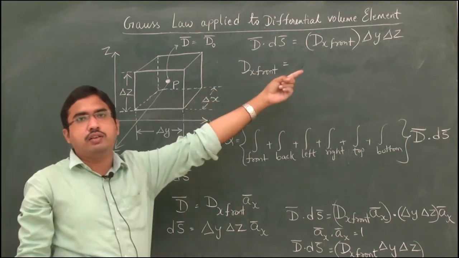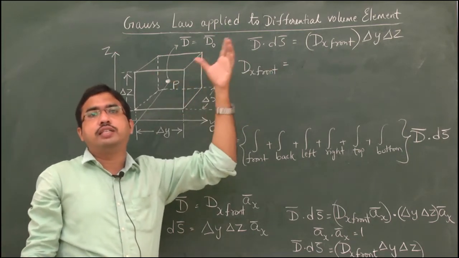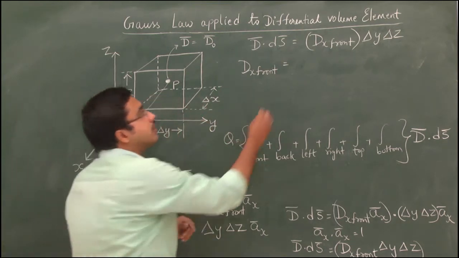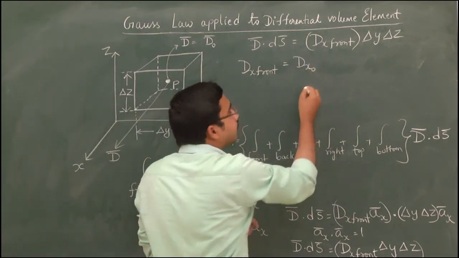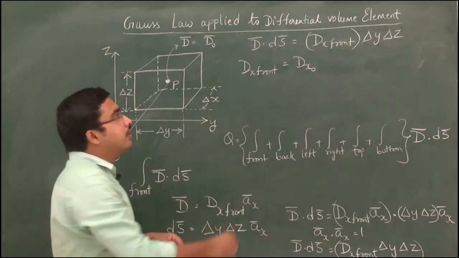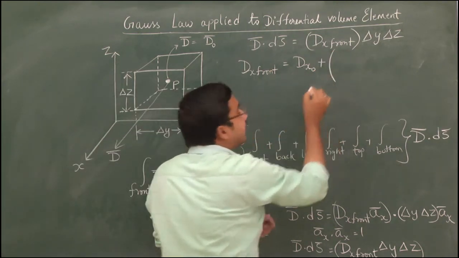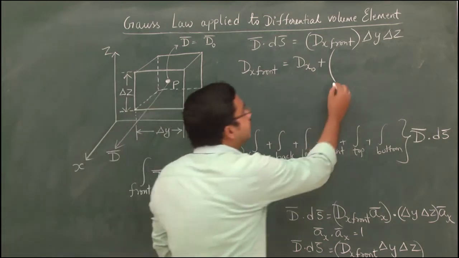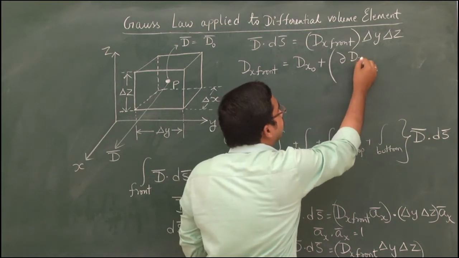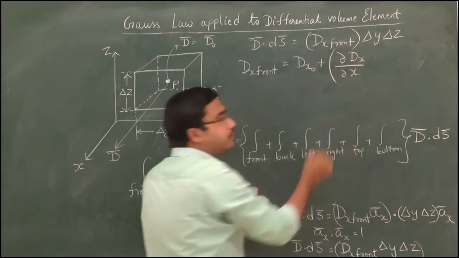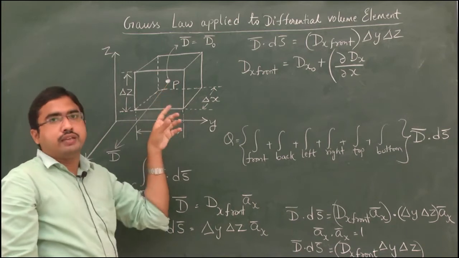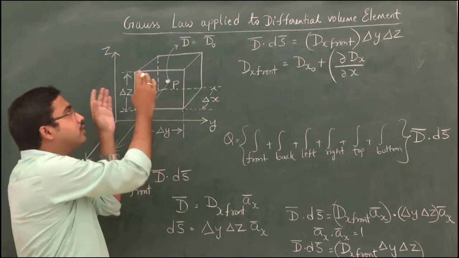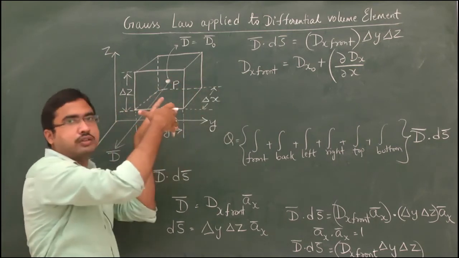From our previous equation, the initial value of D from the x side for this differential volume is Dx naught, plus the rate of change of Dx with respect to x, which means dou Dx by dou x. That means your Dx is varying. This differential volume will shrink to 0 after some time. It will not stay constant.